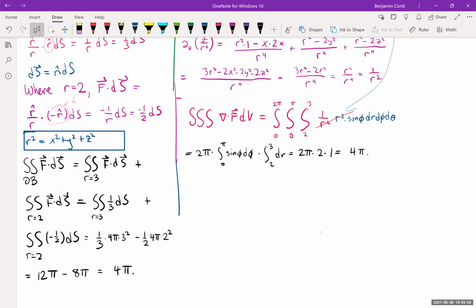Everything in this class is smooth, or at least piecewise smooth, and there's only a finite number of pieces. Okay, cool. Thank you.